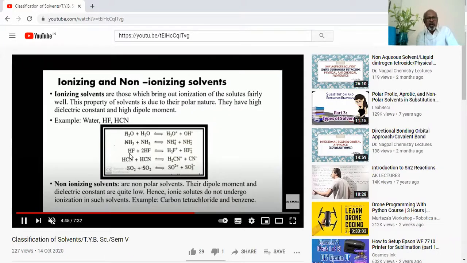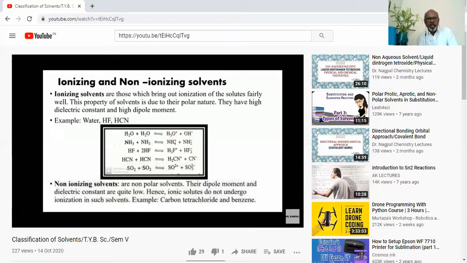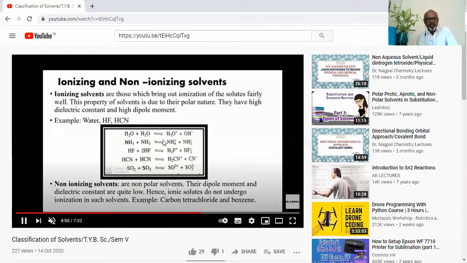When two molecules of HF unite, they form H2F plus and HF2 minus. Or when two molecules of hydrocyanic acid, HCN, unite, they can form H2CN plus and CN minus. So these are the types of solvents which bring out the ionization of solutes very well during the course of a reaction.